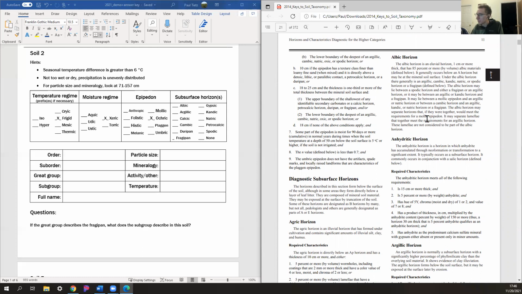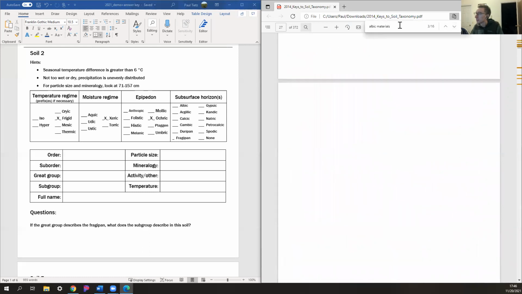So if you don't know what albic materials are, this is kind of handy because we have the virtual version. We can just search for albic materials and pull up the definition. Let's see, albic, here we go.